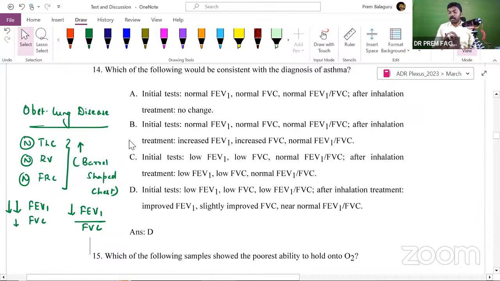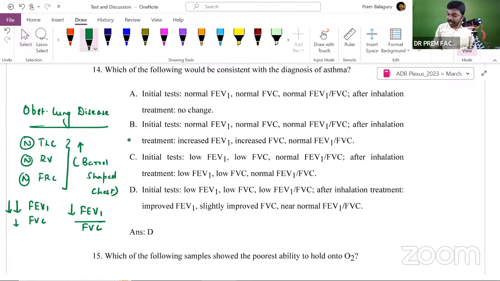There is a method with which we relieve the bronchoconstriction. We administer the patient bronchodilators. Once the airway that was obstructed previously has been relieved by bronchodilators, you are going to find an improvement in these conditions. So from the initial test itself, you can get to the diagnosis.